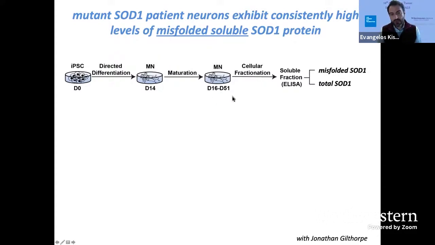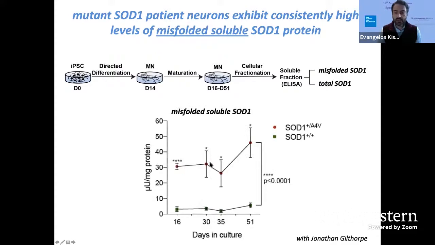Throughout this process, Kostas isolated fractions from these motor neurons and worked closely with Jonathan Gilthorpe from the University of Umeå in Sweden, who has developed a rather accurate and specific ELISA-based approach to quantitate the amount of misfolded but soluble SOD1 protein. These are the results of that assay.